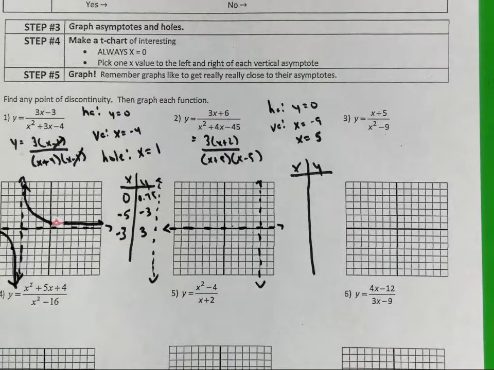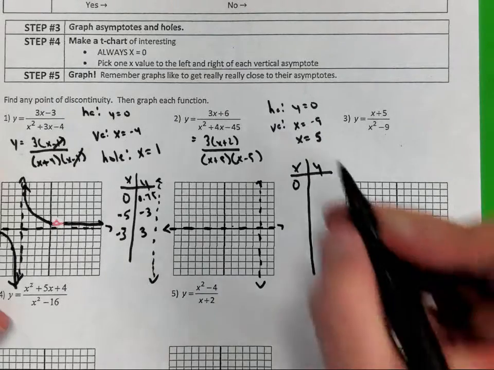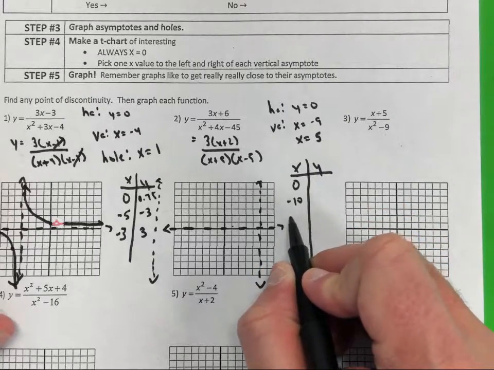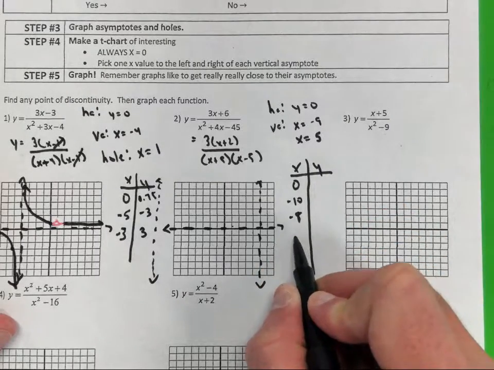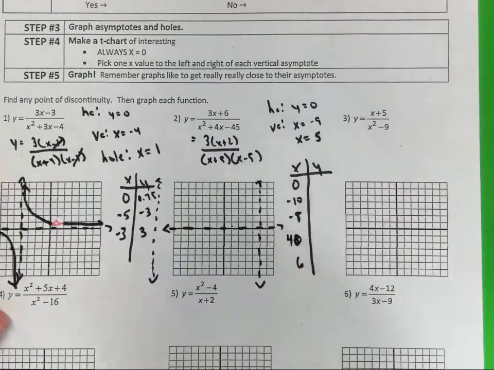Okay, so remember, we always pick what point? 0, okay? Next, you pick a point to the left and right of each vertical asymptote. How many vertical asymptotes do I have? So, what's to the left of -9? Okay, what's right of -9? 8, and then you got 4 and what? 6. 5 falls between 4 and 6.